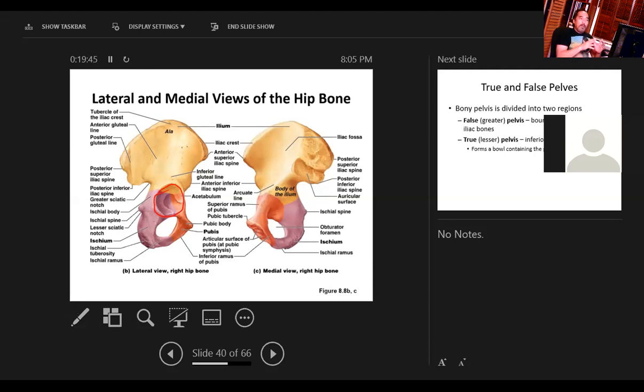So if I see my acetabulum, that is my lateral, okay? You start with landmarks first, always. I want to orient myself: who's lateral, who's anterior, who's posterior, who's superior, inferior. That's how I start with anatomical structure, okay? So I know my lateral, the acetabulum.